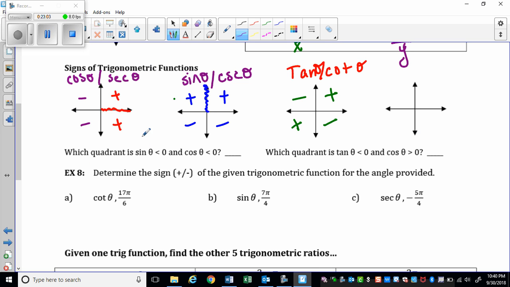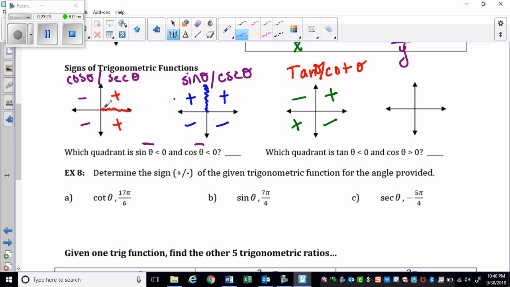Which quadrant is sine less than 0 and cosine less than 0? Where are sine and cosine both negative? Sine is negative in quadrant 3 and 4. Cosine is negative in quadrant 2 and 3.